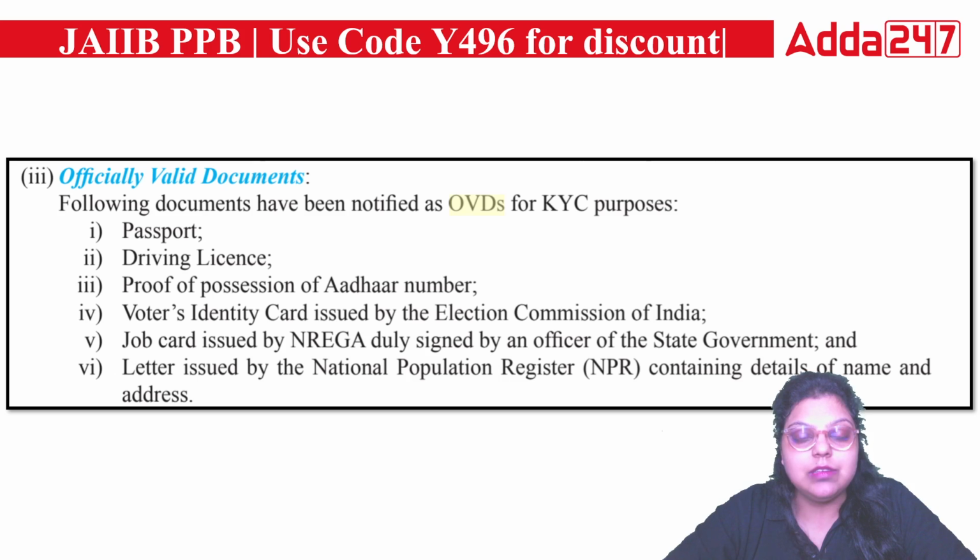These 6 documents are known as official valid documents, which cover your passport, your driving license, your proof of possession of Aadhaar number, your voter identity card, your job card issued by NREGA, and your letter issued by the National Population Registry. These are the total 6 documents which tell us about the identification of a customer. Also, do remember PAN card is no longer included in the official valid documents.